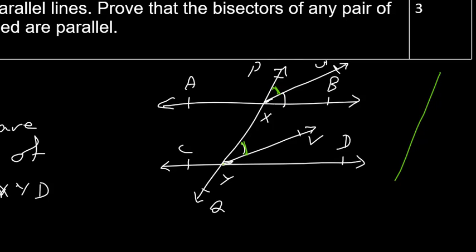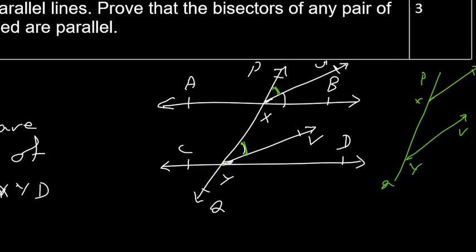here I have a transversal, this is PQ, and then here I have one line, say YV, and here I have another line, say XU.